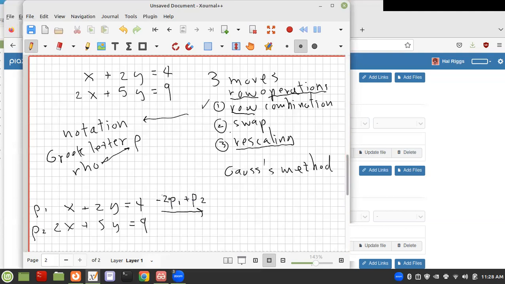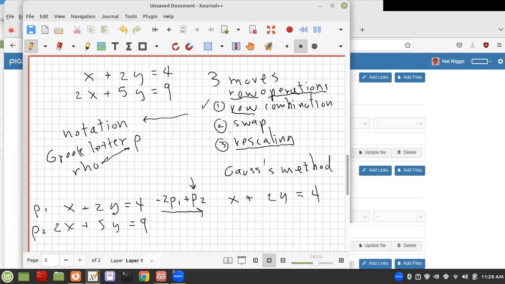This operation says multiply the first row by -2 and add it to the second row. Now, I'm not going to change the first row. I'm only going to change the second one. Only this changes. This actually could be written as -2 row 1 plus row 2 equals row 2, but we'll leave off the row 2, and this is just a compact way of saying we're going to do the following operation. We're going to leave the first one alone.